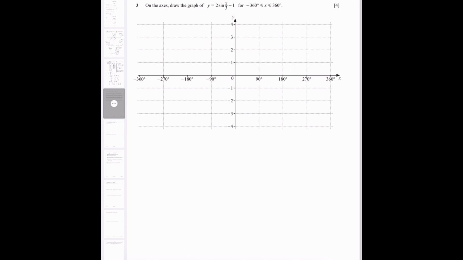Let me first find out, we know the sine graph, this is the sine graph.